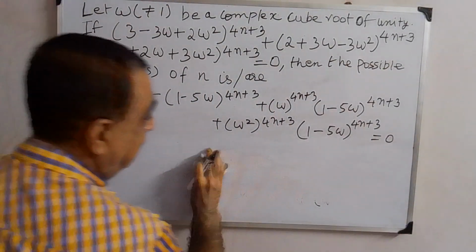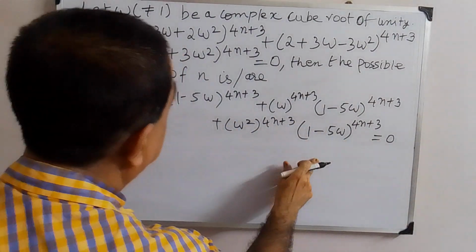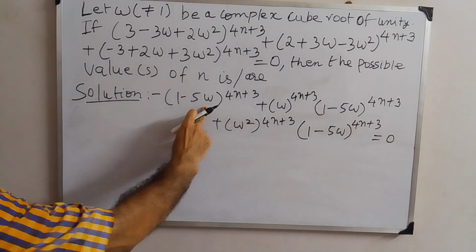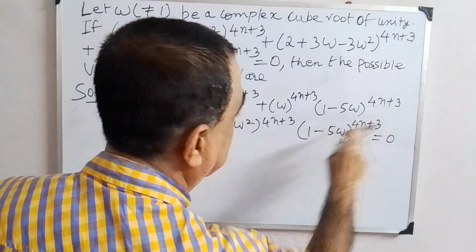Now you are noticing that 1 minus 5 omega whole to the power 4n plus 3 is common in all the terms.